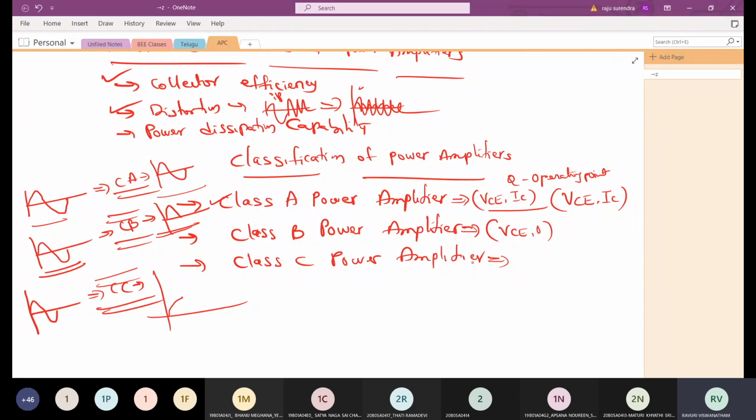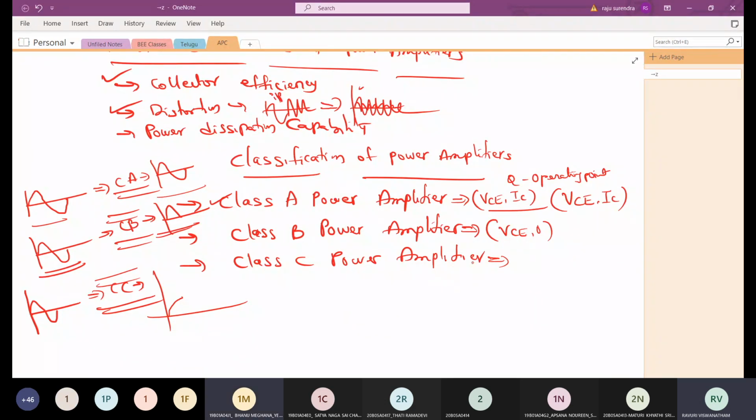So this is about the classification of power amplifiers in accordance with the flow of collector current. Whenever the transistor is operated in the saturation region, we classify these power amplifiers into three types: class A, class B, and class C. In which type of power amplifier is power dissipation high?